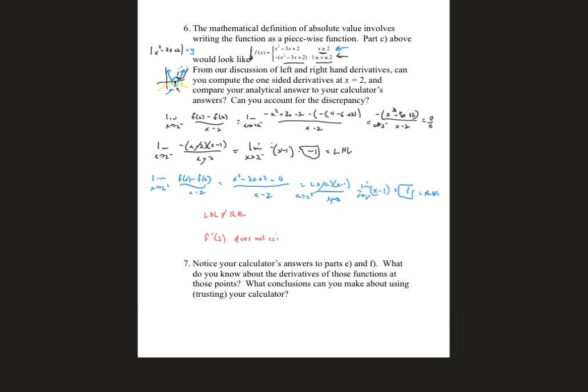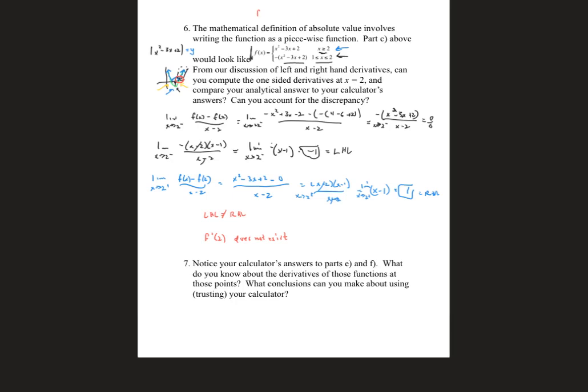This is disturbing. So here is an example of where the calculator is not giving us a correct answer. It's leading us astray. And the reason for that, and that's what we want to understand, is that when we evaluate it at this corner point, the calculator is not actually using the definition of the derivative.